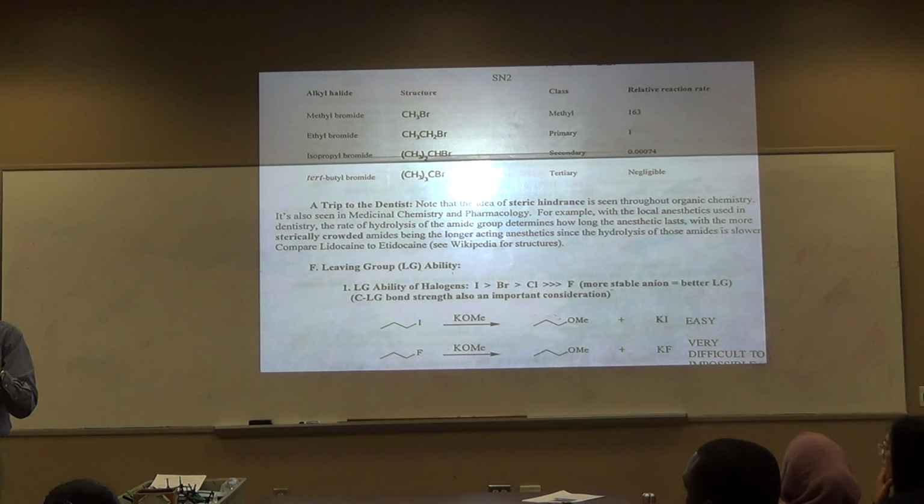You'll learn that type of chemistry in organic two. But there are different rates of hydrolysis around the carbonyl. The ones that last longer have more steric congestion around the carbonyl. It's harder to hydrolyze them, and thus they last longer in the body. The metabolism is slower.